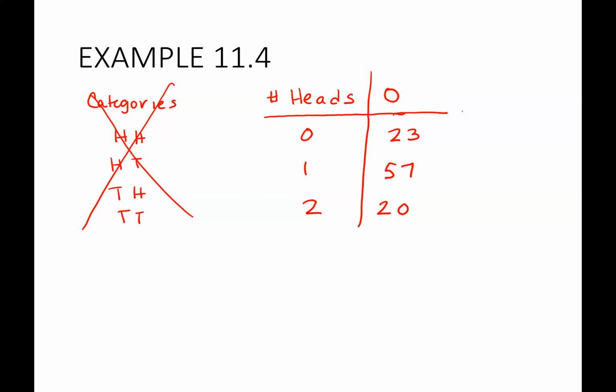What I would expect is this would be 25, this would be 25, but I would get 50 of them that would be one head, because I have 25 that are head-tails and 25 that are tail-heads. So I would expect those to be 50.